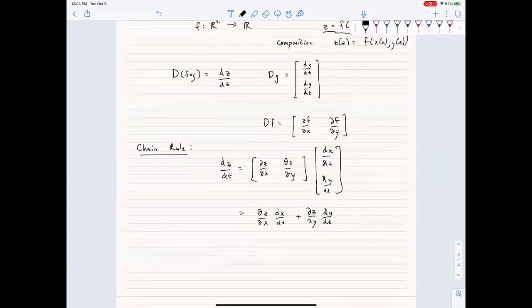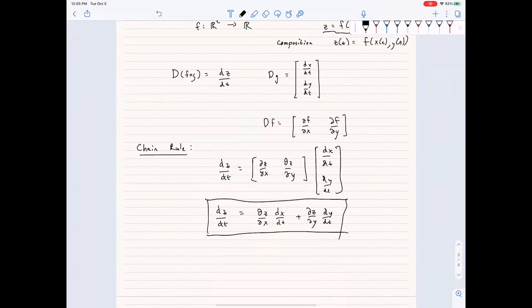This is the chain rule for these dimensions, and they spend a good 3 or 4 pages in the book talking about this particular version.